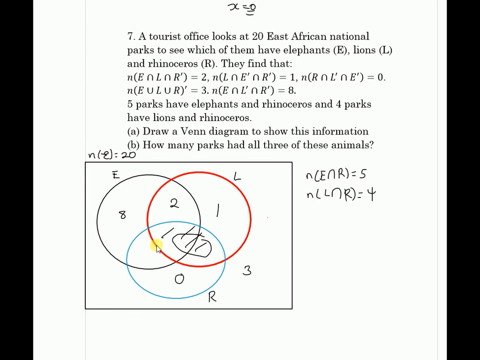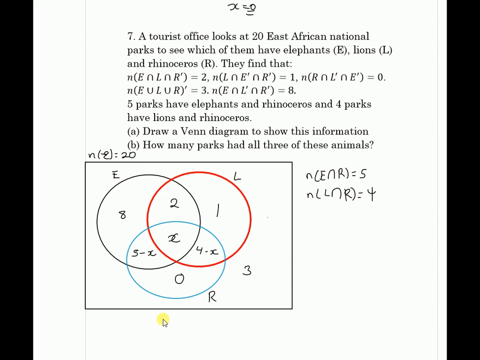Now we shall let the intersection of all of them be X, so that when this part is taken up by X, E and R should give us 5. This one should be 5 minus X, while this one, which is 4, will get us 4 minus X. And basically that is the Venn diagram which we have there.